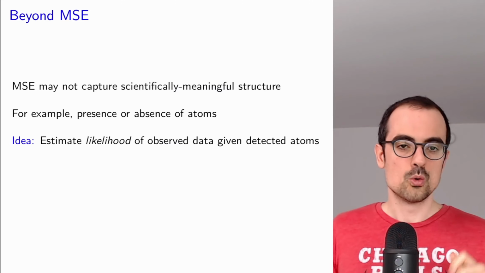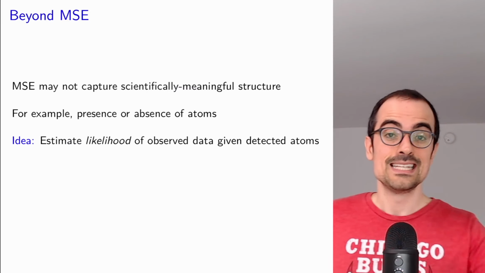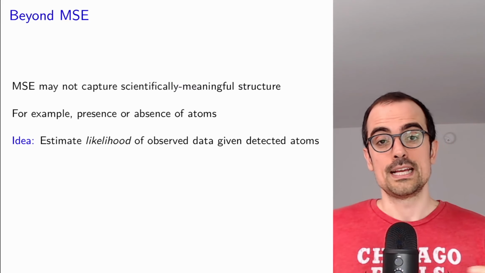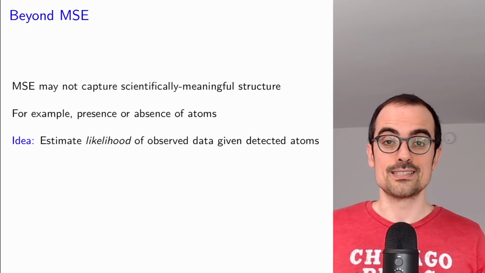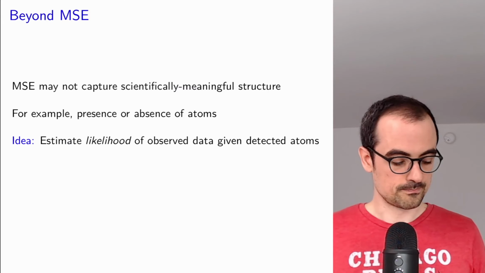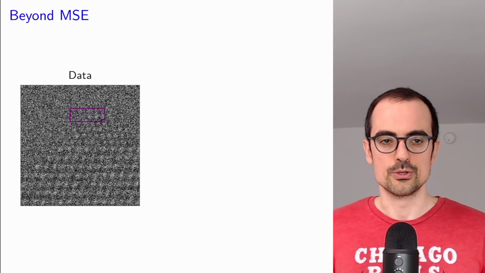Because of this, we developed a method where we estimate the likelihood of the observed data given that we have detected certain atoms, essentially to quantify the consistency between the data and the hypothesis that the atoms are there. This was introduced in this paper.